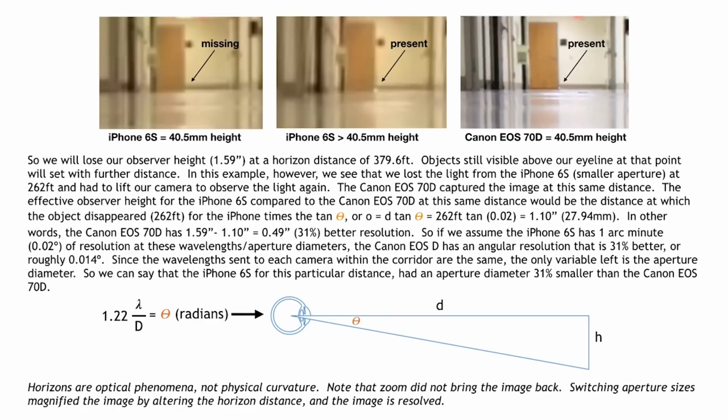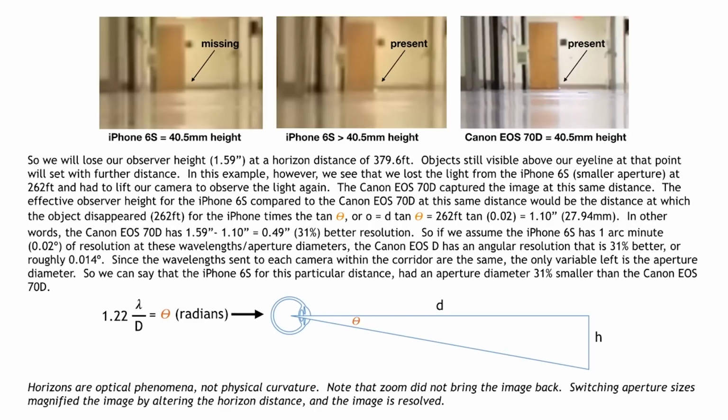The effective observer height for the iPhone 6s compared to the Canon EOS 70D at this same distance would be the distance at which the object disappeared, 262 feet for the iPhone, times the tangent of theta, or the observer height equal to d tan theta, or 262 feet times tangent 1 arc minute, equal to 1.10 inches, or 27.9 millimeters.